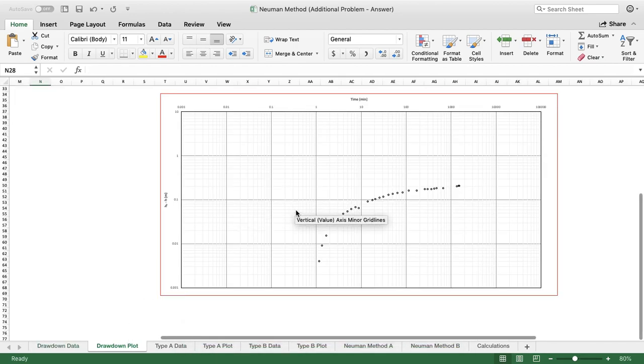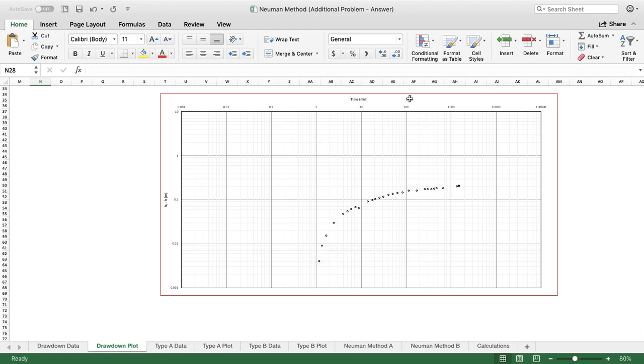And we can plot the drawdown, with time on the x-axis and drawdown on the y-axis, and we see this curve that starts small and gets rapidly bigger, and then it starts to slow down. So that's the shape of a drawdown curve that we see, classic shape.